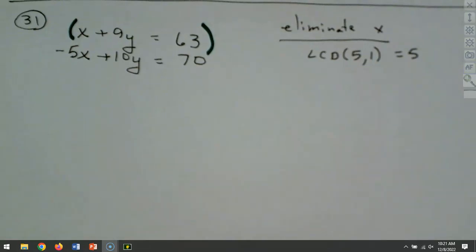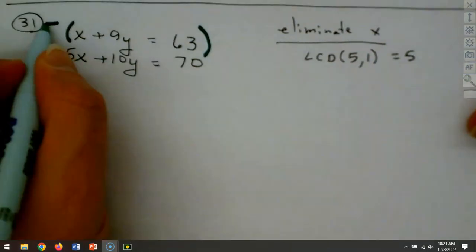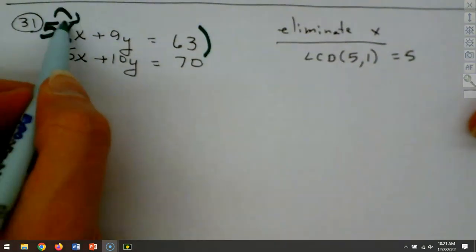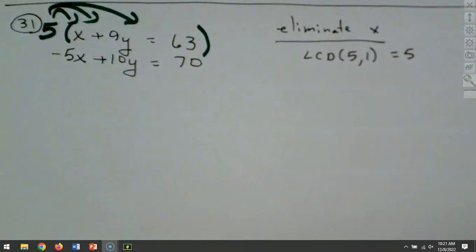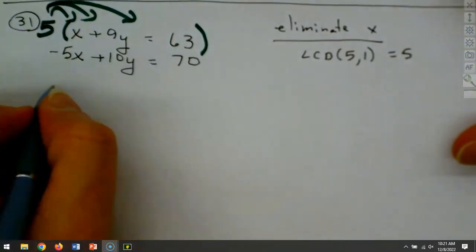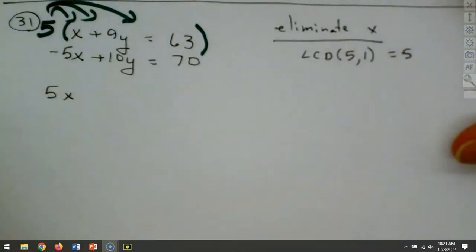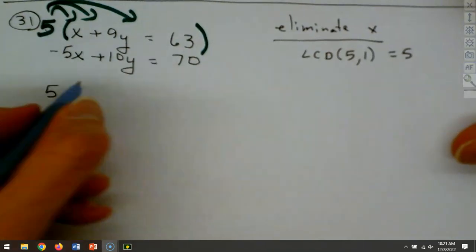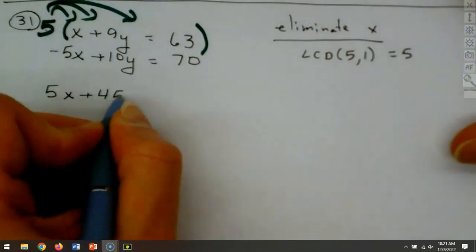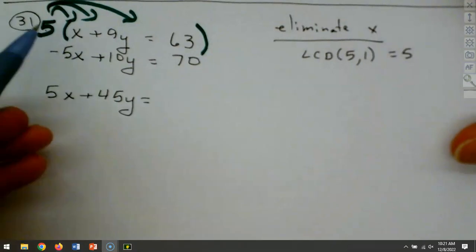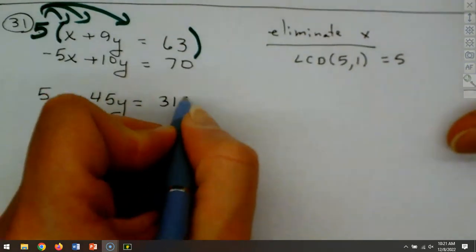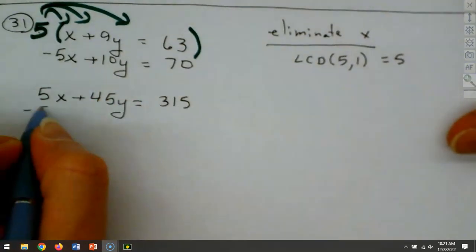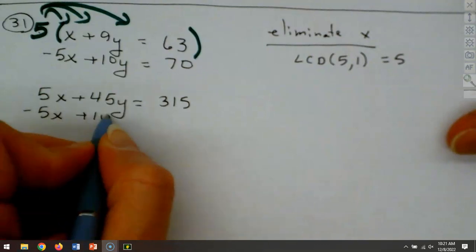So easy enough, multiply it by a 5 and distribute it through. So when I distribute it through, that leaves me then with 5x. 5 times 9, that's a 45y. 5 times 63, we'll use a calculator here, and that's going to be 315. The next row stays the same.